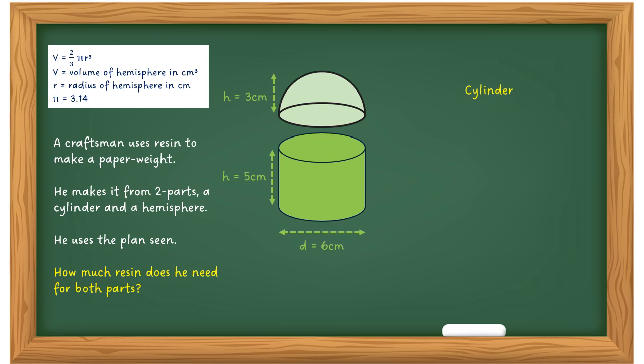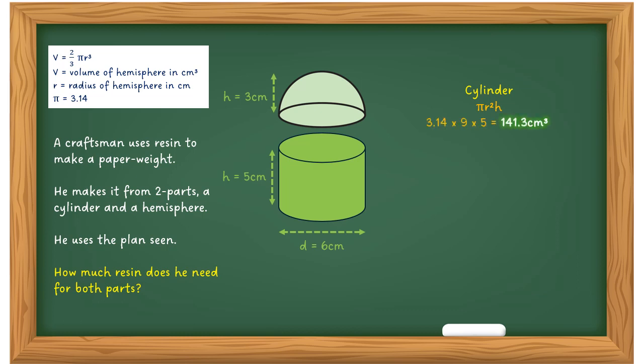So let's deal with the cylinder first. This is the part that you have to remember, the cylinder. You need to remember the formula, and if you remember rightly, the formula is pi times radius squared times height. So you can see there, pi times radius squared times height. You need to remember that.